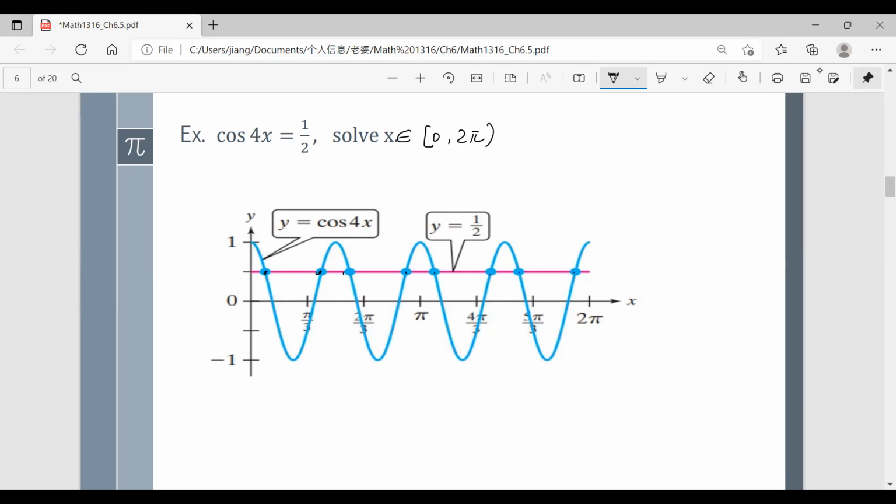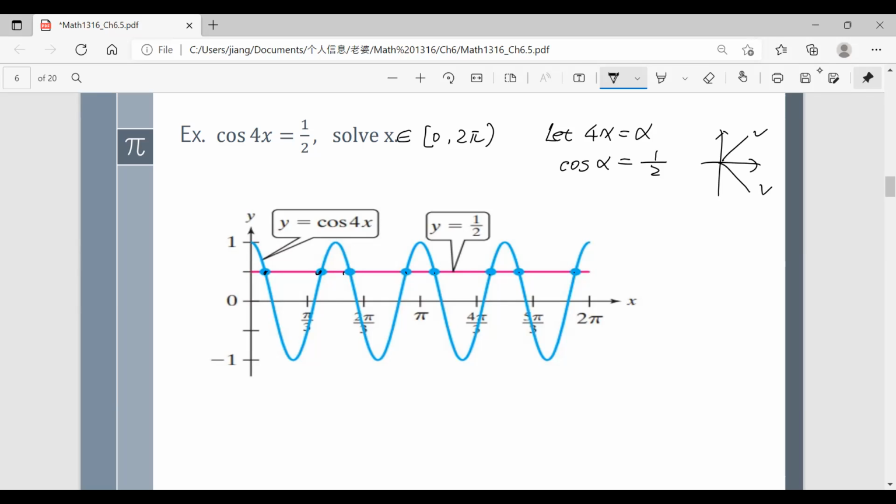So how to solve this? First, let 4x equal alpha because we want to make things easier. So cosine alpha equals 1/2, and cosine alpha is positive. That means the angle must be here or here, because of ASTC: cosine here and here is positive.